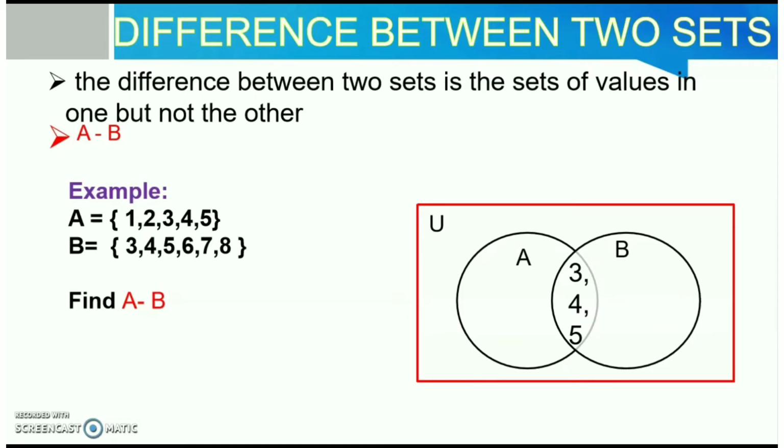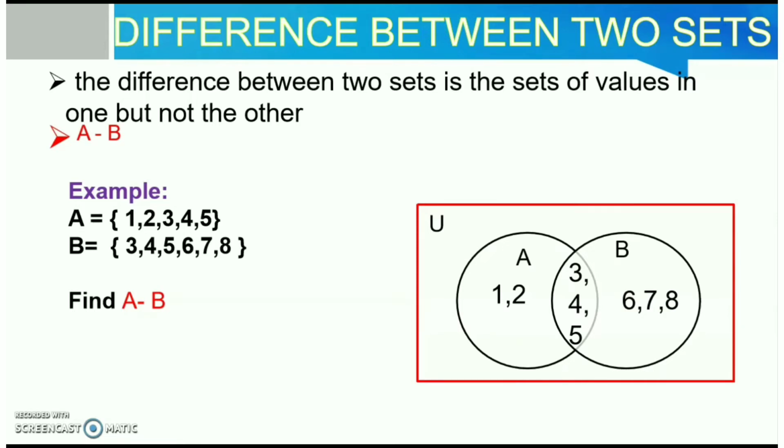So, ilalagay natin siya ngayon dito sa Venn diagram dun sa region kung saan nag-overlap yung ating set A and set B, yung ating intersection region. Okay, so kapag isusubtract natin yung 3, 4, and 5 dun sa ating set A, ang matitira na lang sa set A is yung element 1, 2, and then sa ating B is our element 6, 7, and 8.